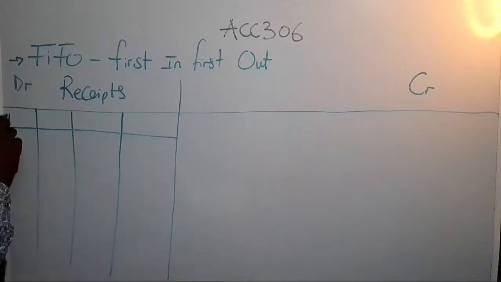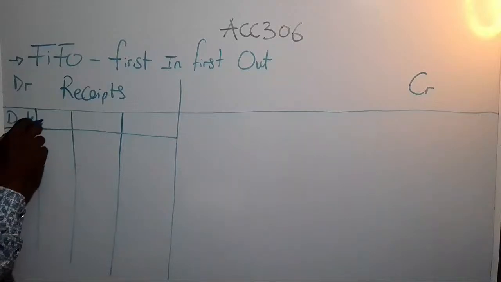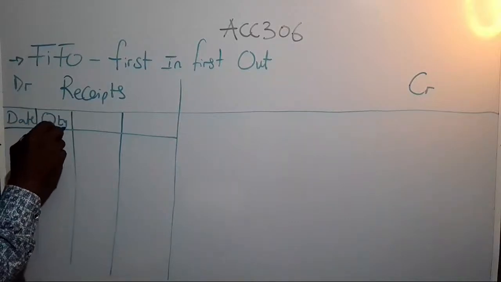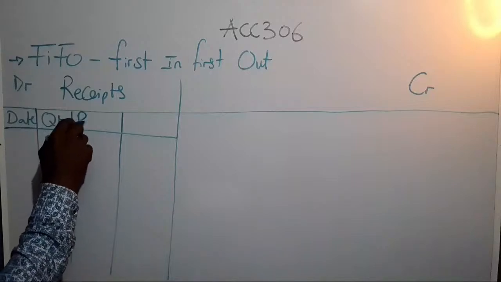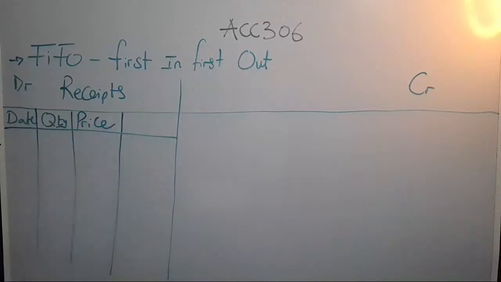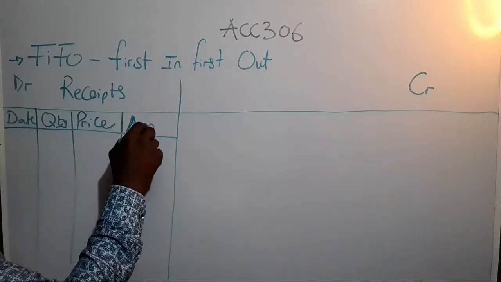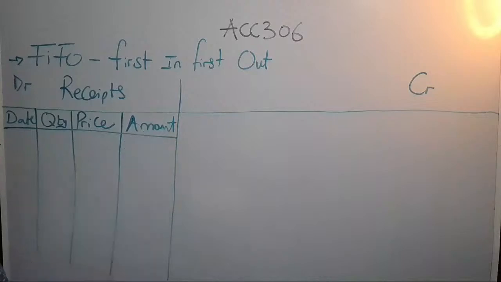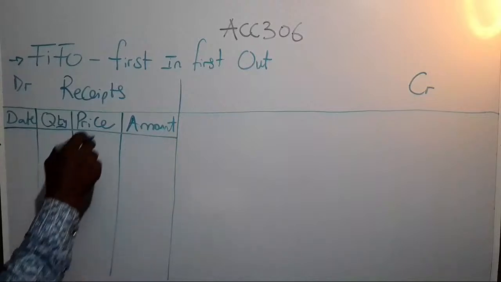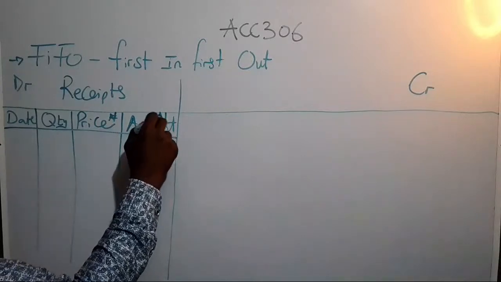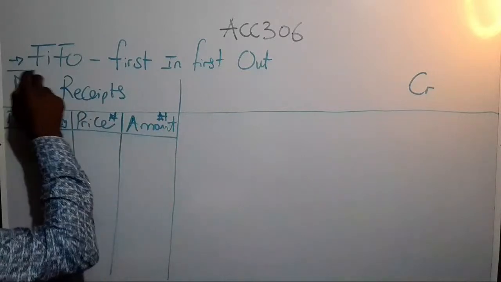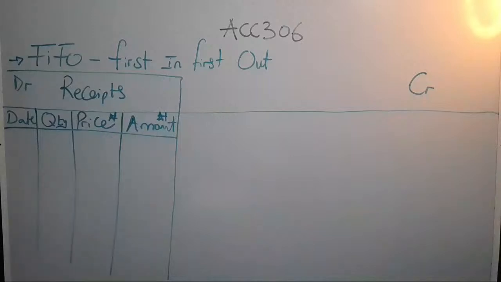So we have the date, we have the QTY, we have the price, we have the amount. Now, don't forget, we have our Naira sign, that is under the receipt.